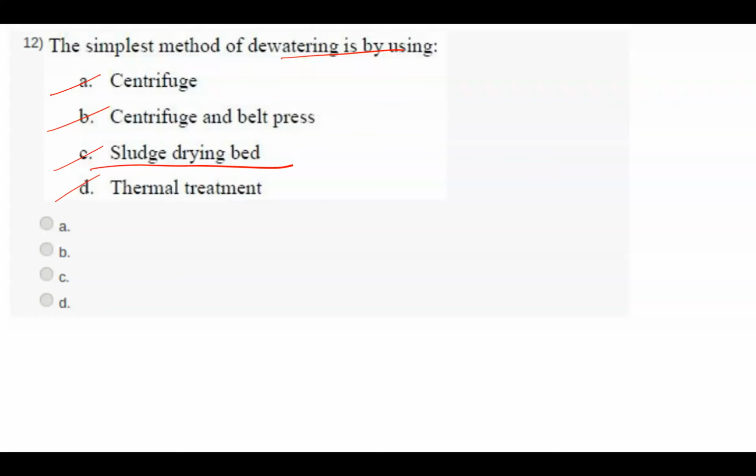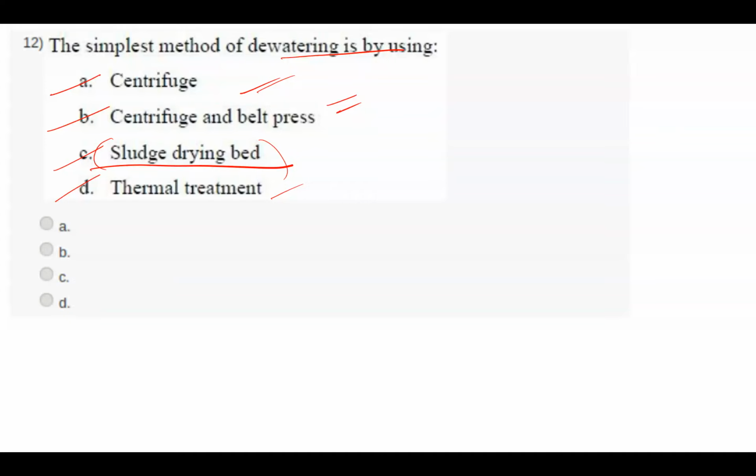See, for the centrifuge and belt press, mechanical instrumentation is needed, right? And for thermal treatment, you need high temperature and some specific compartments. But in the sludge drying bed, you're just keeping your sludge in a bed, and it will just evaporate, and you can collect the water, or else you can separate the sludge.